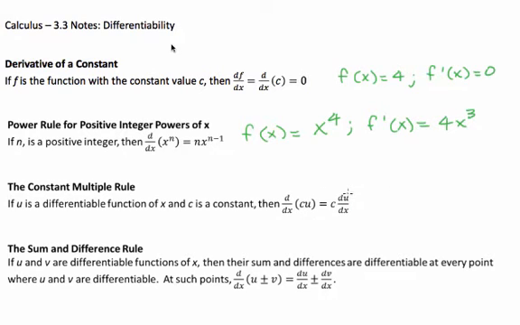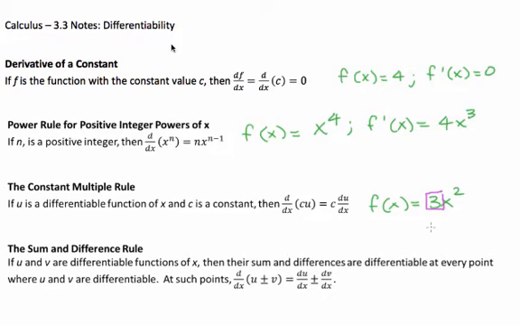Well, what about if we have some function u and it's differentiable and c is a constant, then what? Well, that would be something like this. If f of x equals, say, 3x to the 2nd, then we have a constant, and that constant in this case is the 3.